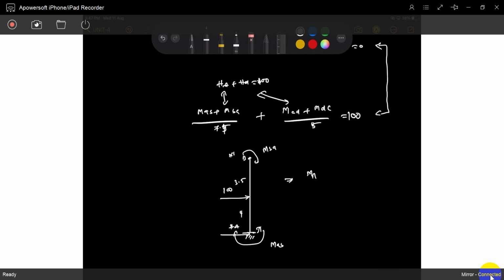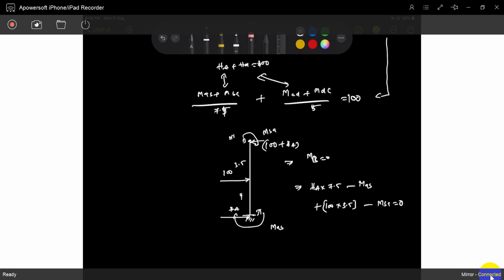This is 100 plus HA, you have to take it. So we will take the moment with respect to B. HA into 7.5 minus MAB, plus 100 into 3.5, minus MBA should be equal to 0.